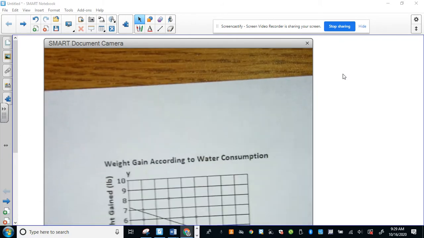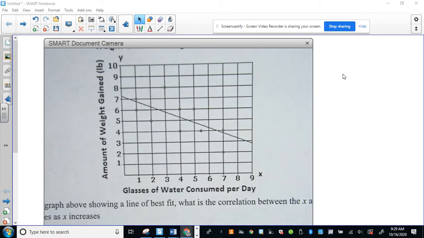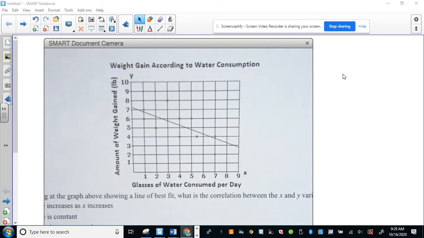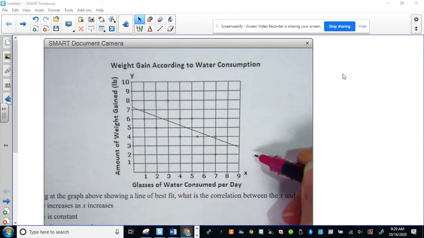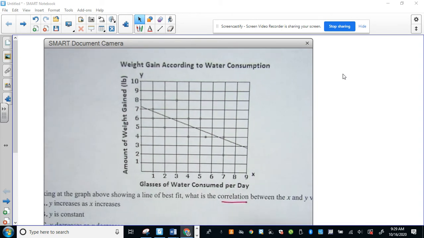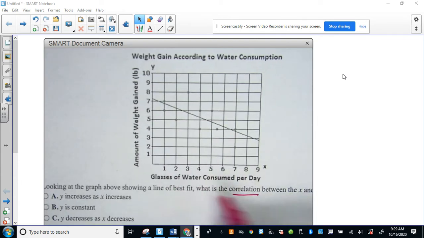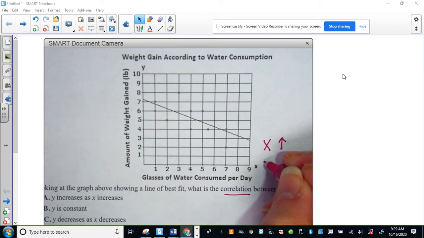Number 6, the weight gain according to water consumption. So the more water a person drinks in a day, the amount of weight that they gain decreases. So is drinking water a good thing for weight? Yes. So we're looking for the correlation. So as your x's increase, I'm just going to put a little guide over here for myself.